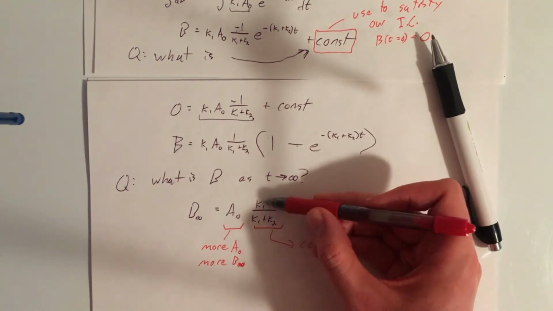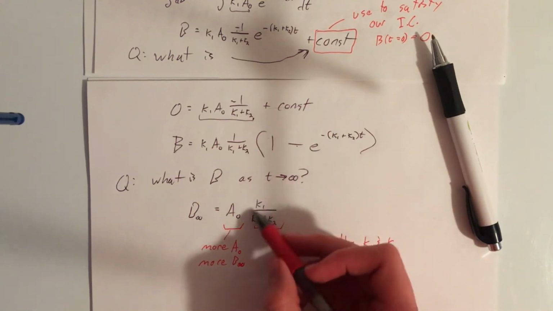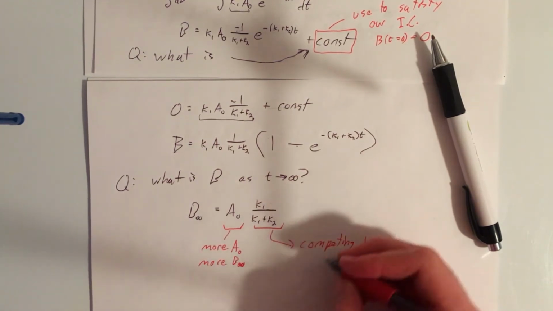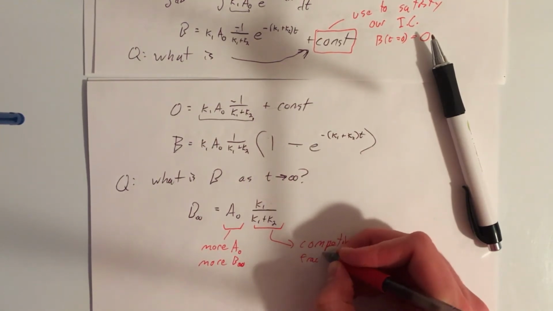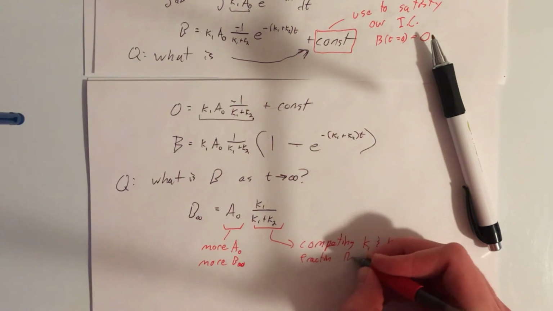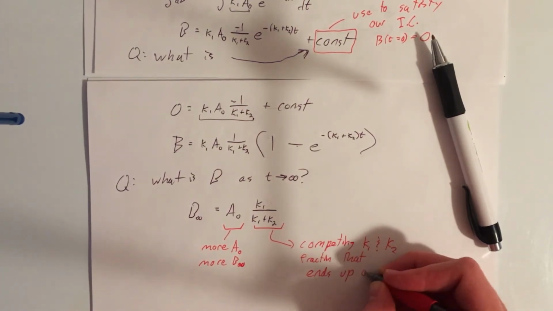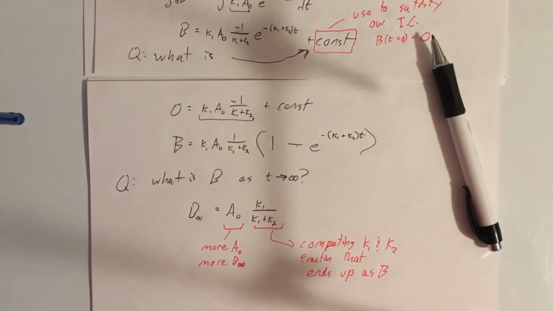So the ratio of B to the overall consumption of A is accounted for in this term right here. If we have competing K1 and K2, then this is related to the fraction that ends up as B.